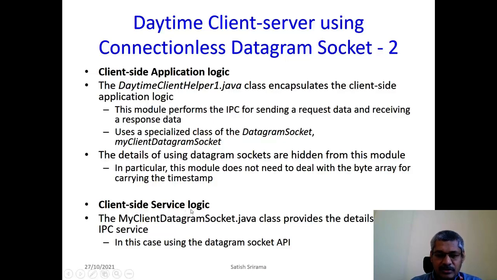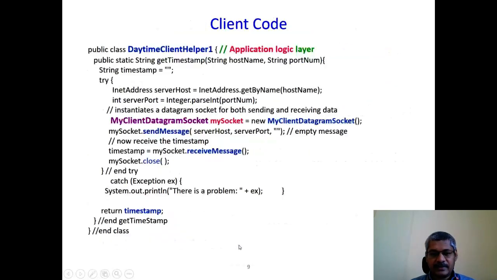Okay, and it is only the service logic part of the client side that actually knows you are using the datagram socket. So that's how you are creating that class object, and then you are sending the message. You have the server host and server port, which you got from the presentation logic, and you are sending an empty message, because for the request you don't need any message there.